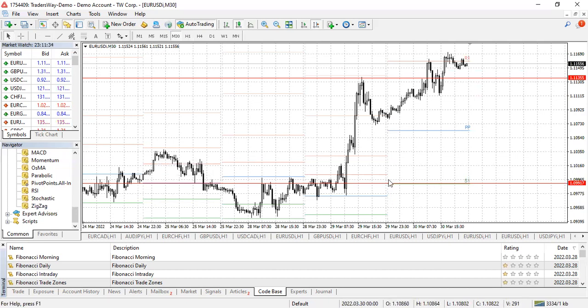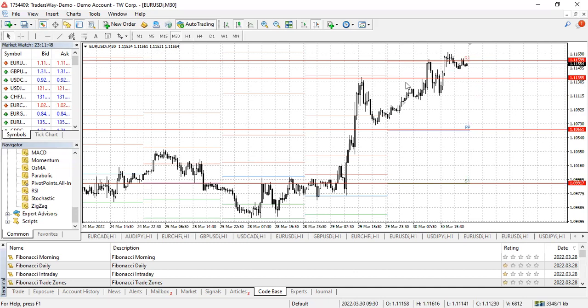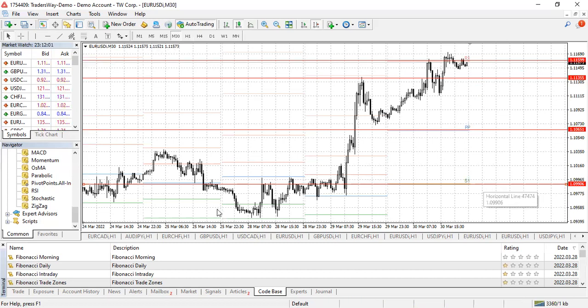If you want to identify this particular level, you can just attach your own horizontal line to it, something like this. So now, this is how to use our pivot point.